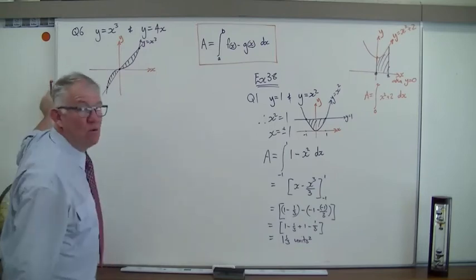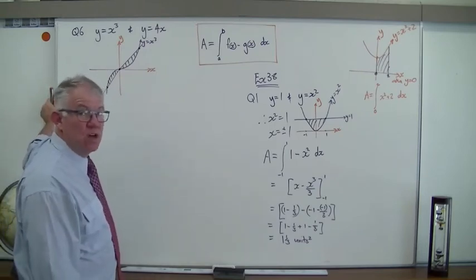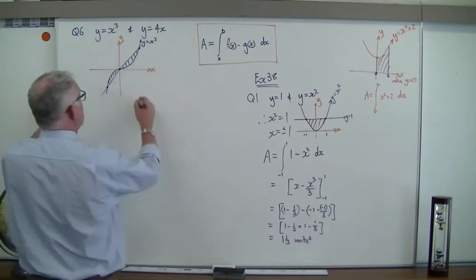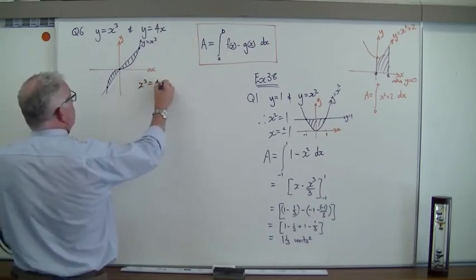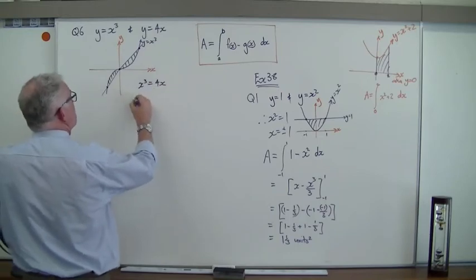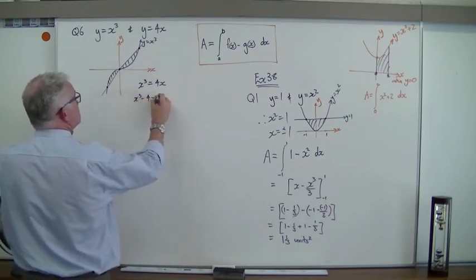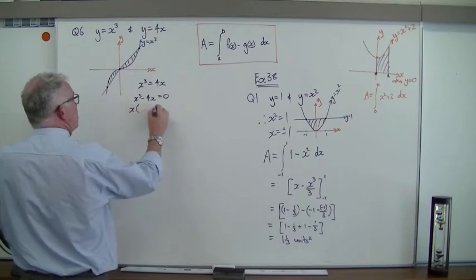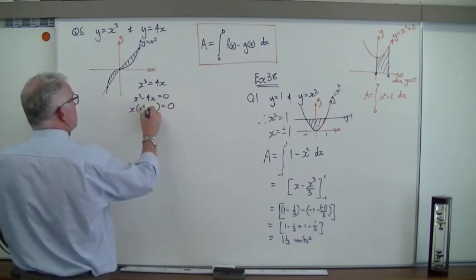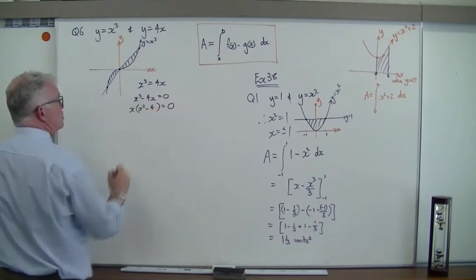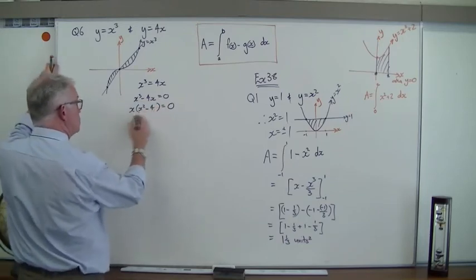Well, to find out what the points of intersection are between two lines, we do simultaneous equations. So we have x cubed is equal to 4x. That means that x cubed minus 4x is equal to 0. And let's factorise that to start with. So we'll have x outside of x squared minus 4, and this is a difference of 2 squares.